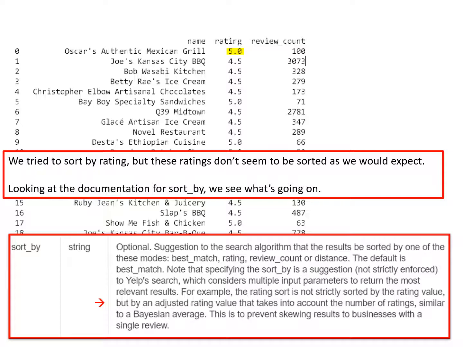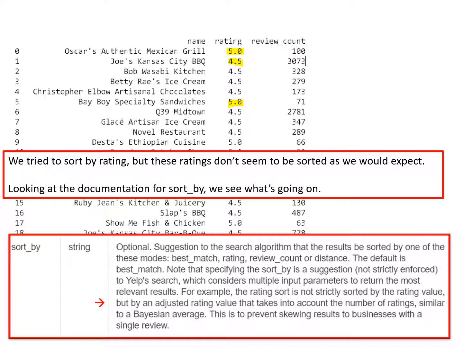So if we said sort by rating, it's going to assume you want the highest rating ones first. So it starts out with a 5.0, but then we've got some 4.5 and then another 5.0 back here. So it doesn't look like it's sorted very well by rating like we asked it to.